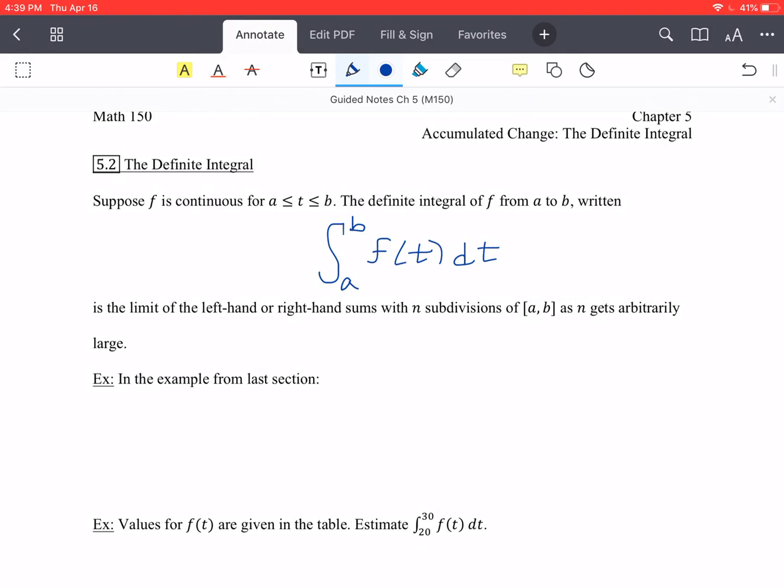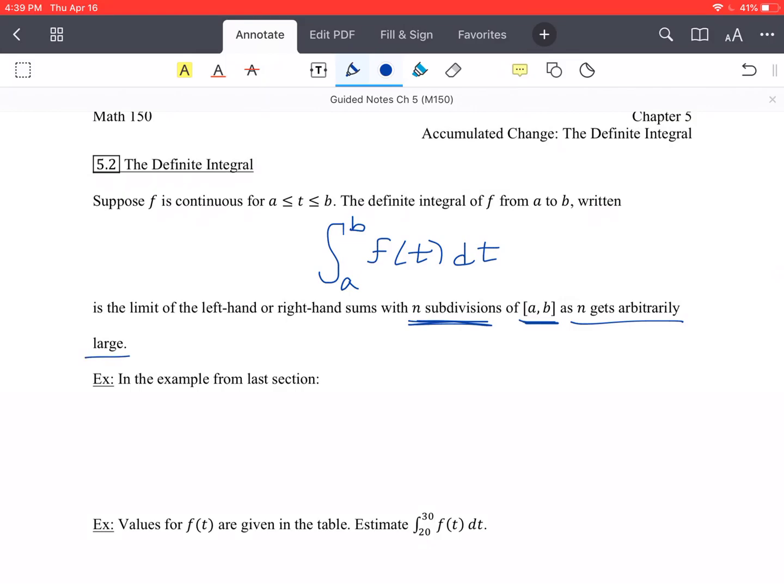large. So in other words, before we were taking rectangular approximations, we were making a bunch of rectangles, using them to get a pretty good idea of what the area was. The concept of the definite integral says for the interval from a to b, I'm going to subdivide it n times, but n is going to get infinitely large.